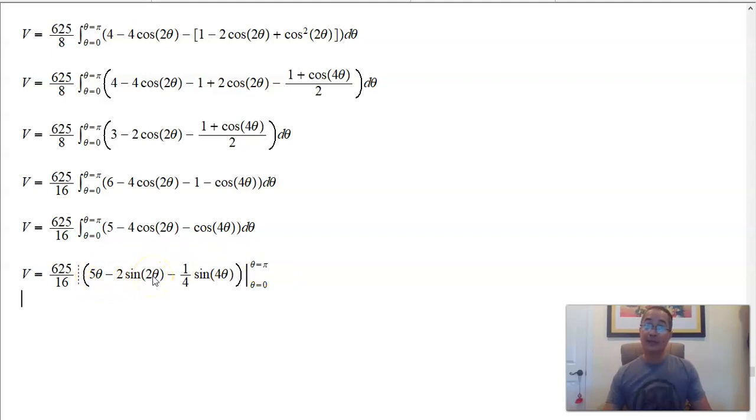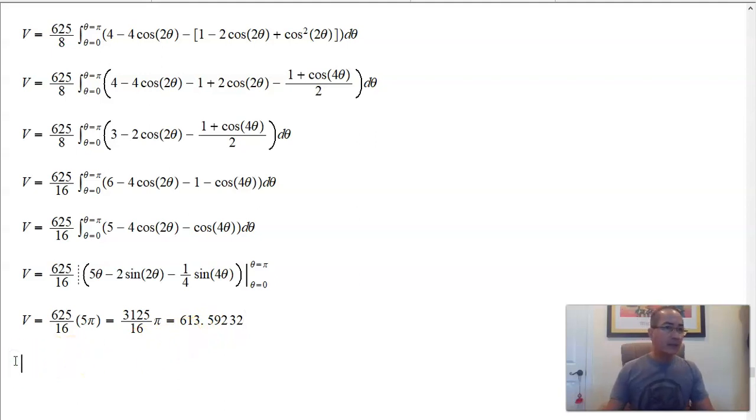Sine of 2 pi is 0. Sine of 4 pi is also 0. Yay! So therefore, our v is just this times 5 pi. Okay, so 5 pi over there. That's our final answer. Okay, so of course that's a positive number.